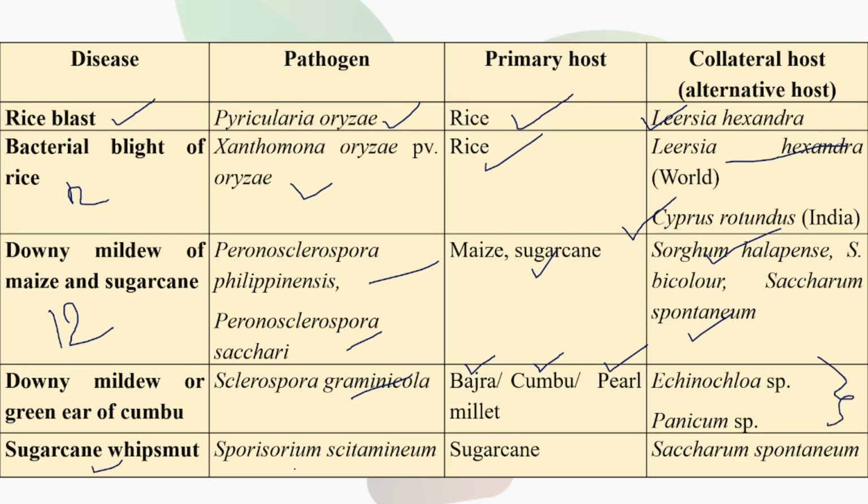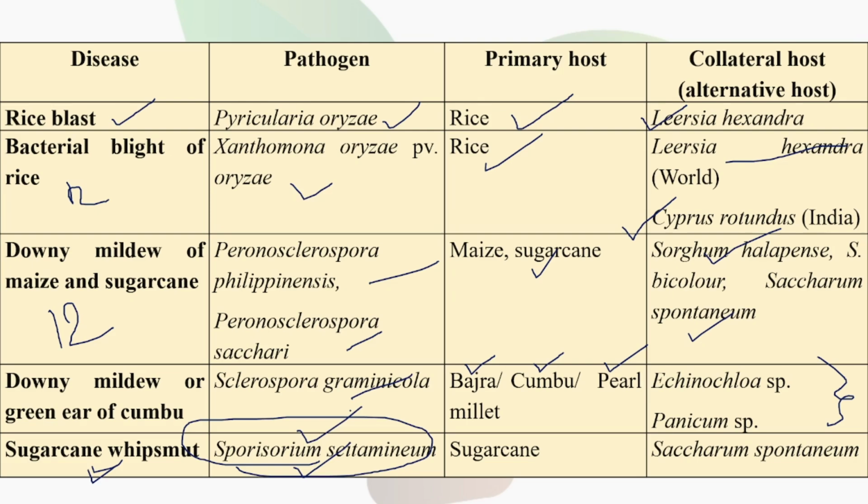Sugarcane whip smut, which is caused by Sporisorium scitamineum. Now my question is, what is the previous name of this sugarcane whip smut causal organism? I told you one causal organism, that is Sporisorium scitamineum. What is the previous name? Are you guys there or asleep? Yes, sir. Okay.